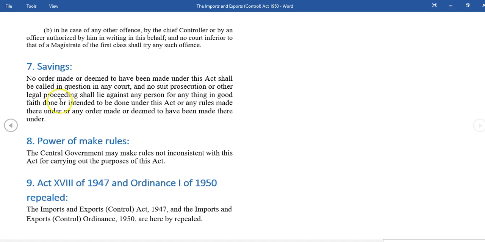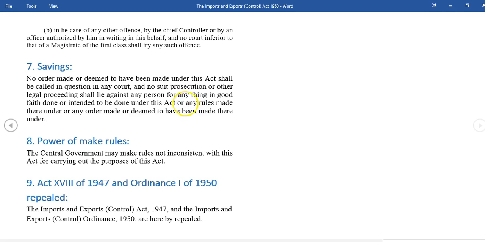And the savings, I mean the exceptions, are that this law or act of 1950, which was passed, cannot be challenged in any court, and the officers who are implementing this act cannot be sued.